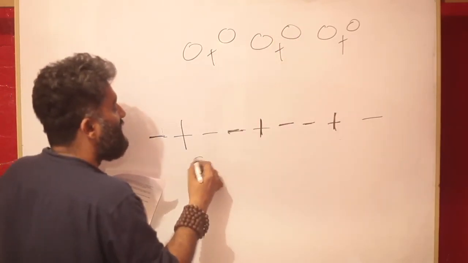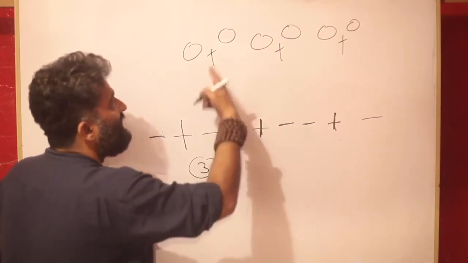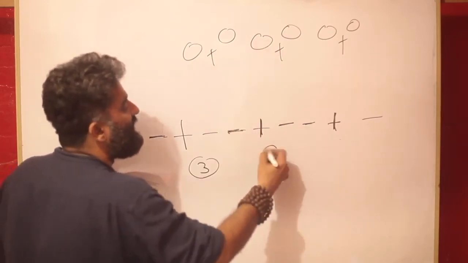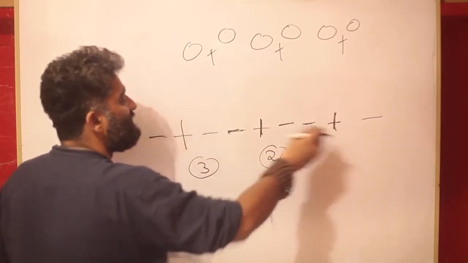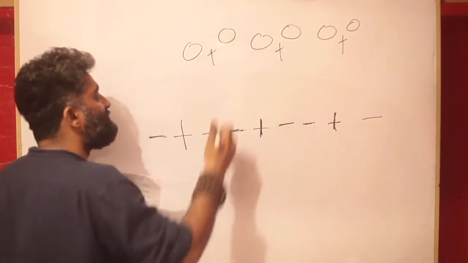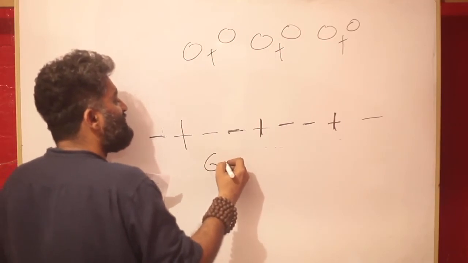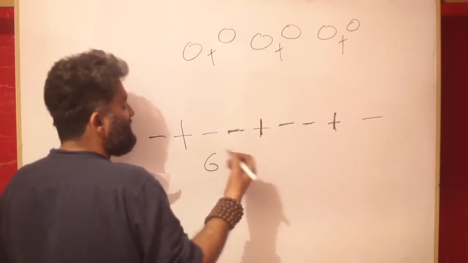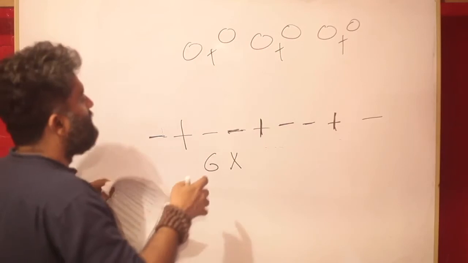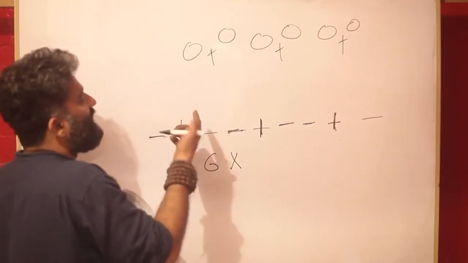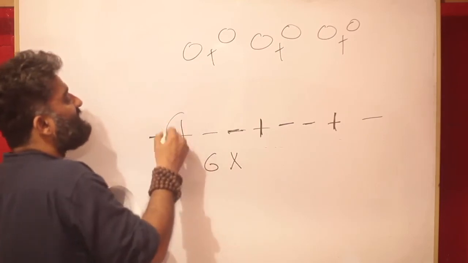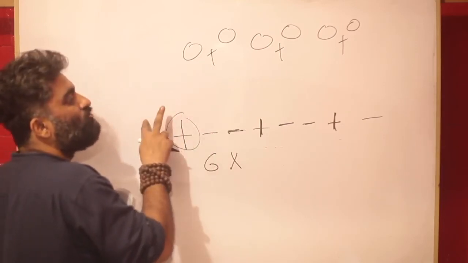Okay, how many ways can I do it? I can do it again 3 ways. If I take one of the children and put them here, how many ways can I do this? 2 ways. And how many ways can I do this? 1 way. So how many ways for the children to sit? For children to sit there are 3 into 2, 6 ways, right? And now I have to seat the parents, right? So how many ways for that? If I think of this child, how many ways? 2 ways.